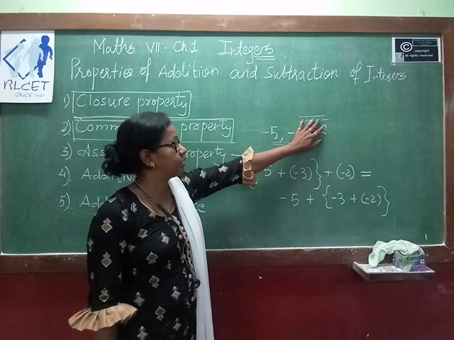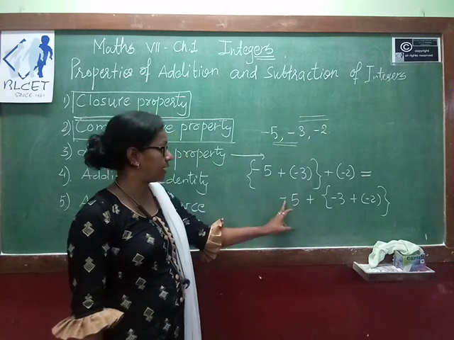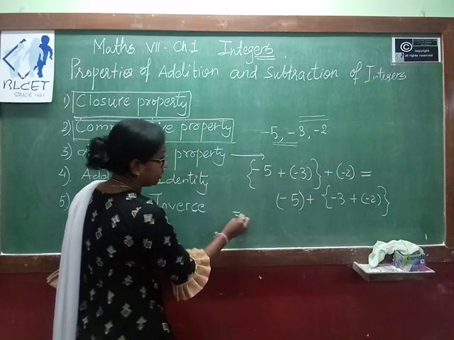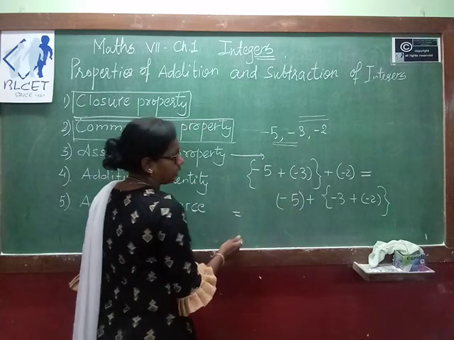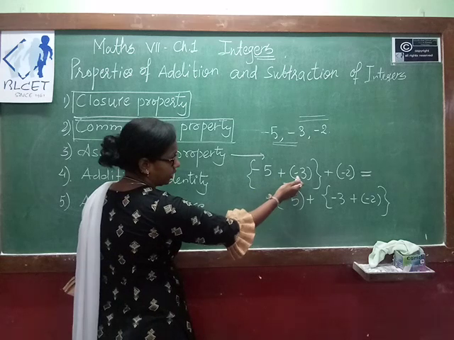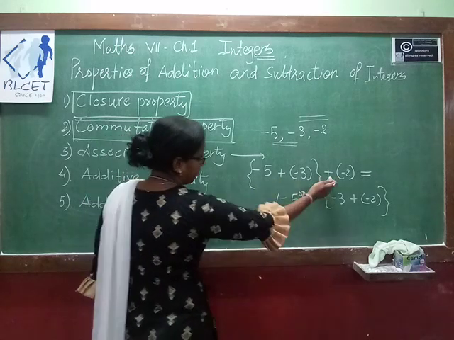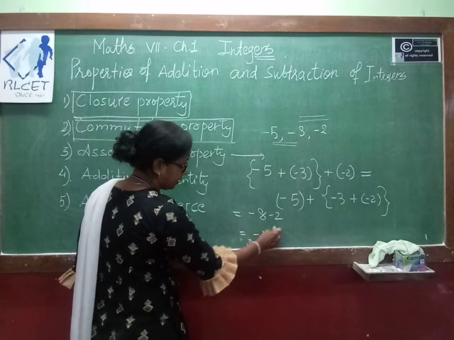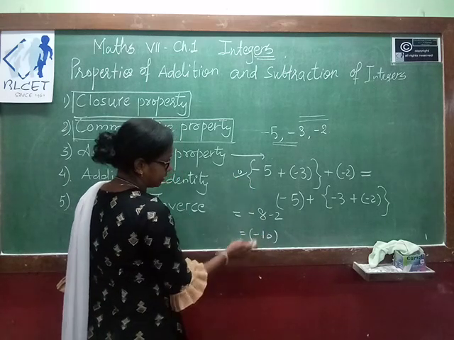Then I group the last 2 numbers and minus 5 remains alone. Let's solve. Minus 5 plus minus 3 is minus 8, plus minus 2. What is your answer? Minus 10.